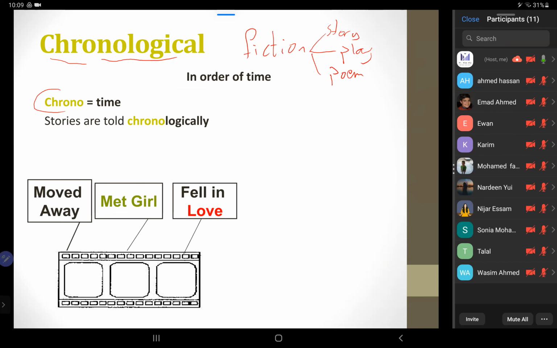Actually, it was a boy who moved away. Yes, sorry. So it was a boy who moved to another city, but he didn't like that city that much. So he met a girl, and then they fell in love. So as you can see, some order in time. This happened first, and then this, then that. This is the chronological order.